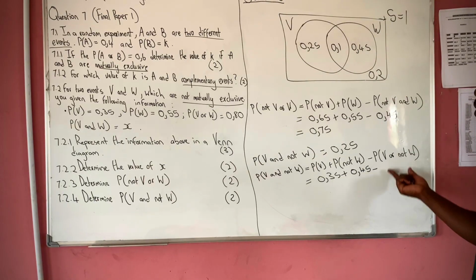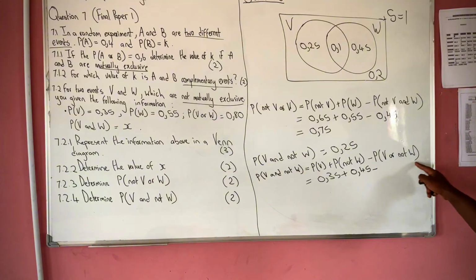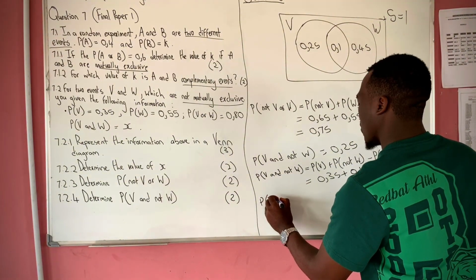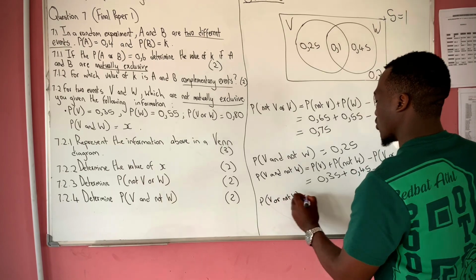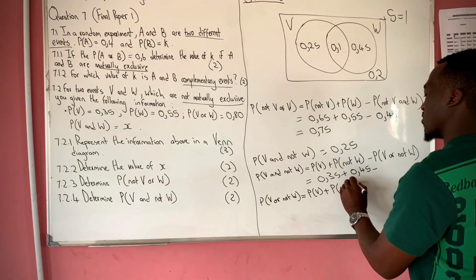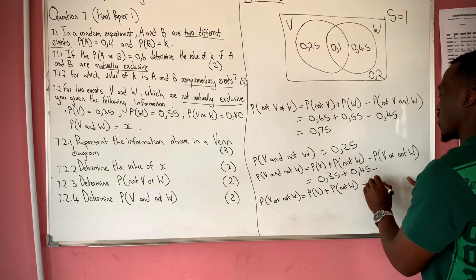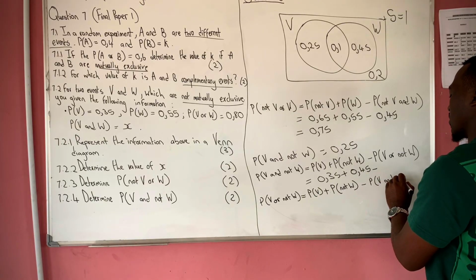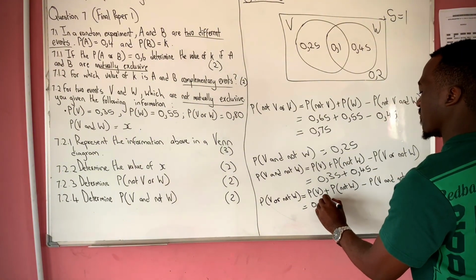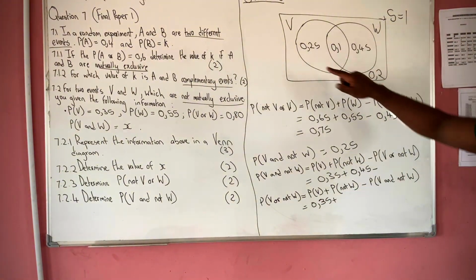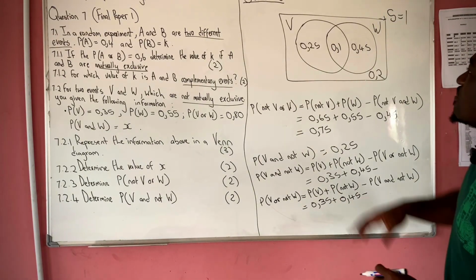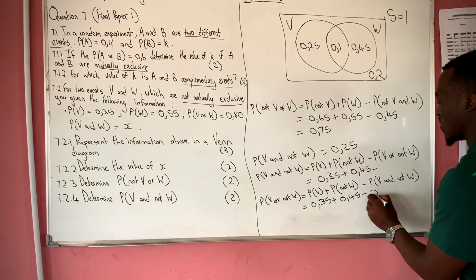We go back to finding what this is using not mutually exclusive. V or not W is going to be P of V plus P of not W minus P of V and not W. So P of V is 0.35 plus not W, 0.45, minus P of V and not W, which is 0.25.